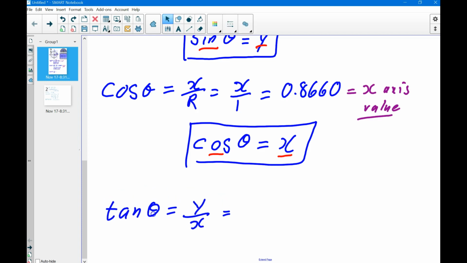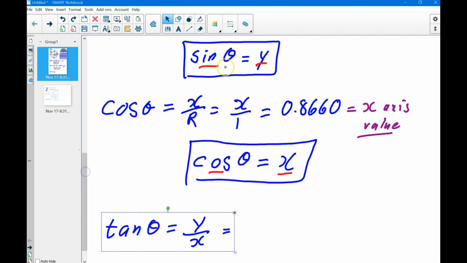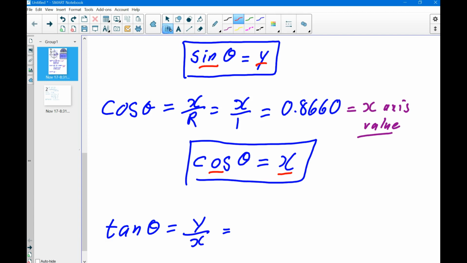because it says that tan is y over x. So what that means, if I use what I just mentioned up here, and instead of y I substitute sine theta, down here this would turn into sine theta.